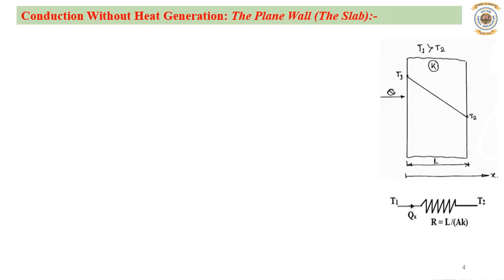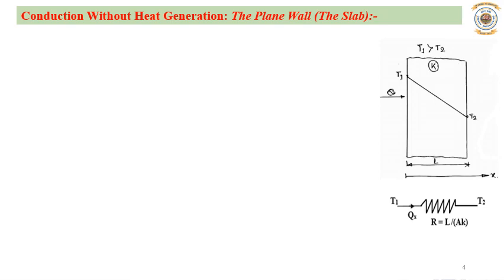Let us consider a plain slab of thickness L, and small k is the thermal conductivity of the given slab material. T1 is the temperature at x equal to 0, and heat Q is transferring in the positive x direction as shown in the figure. At x equal to L, T2 is the temperature.